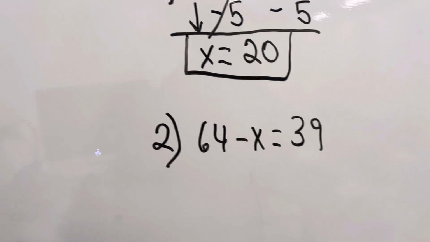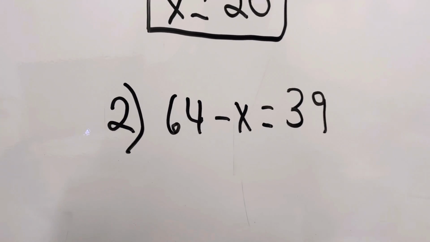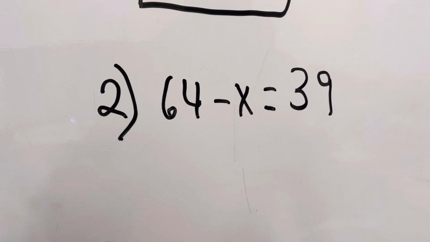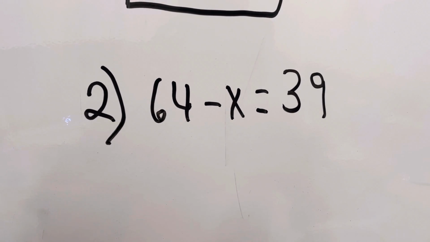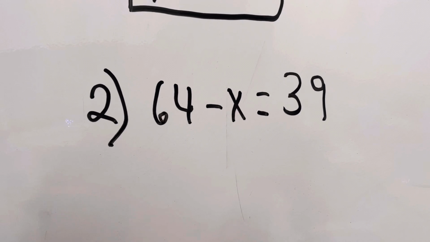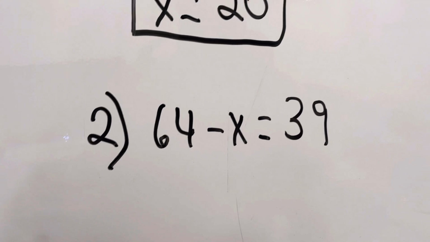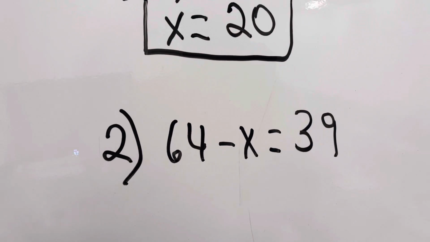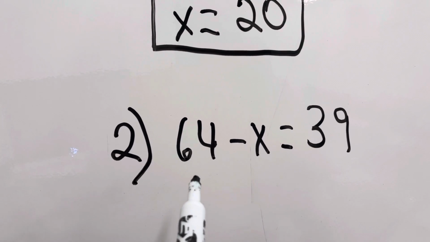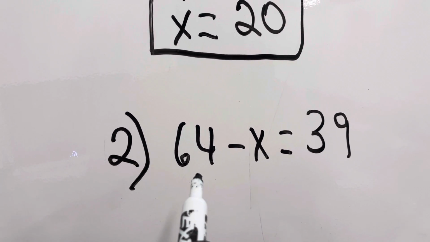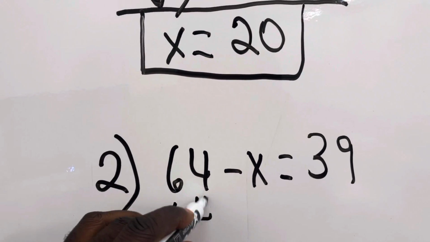Now let's do the next problem. 64 minus x equals 39. What do we do here? Okay, so what we do here is we get x to itself. We have 64. How are we going to get rid of 64? We subtract 64 from both sides.